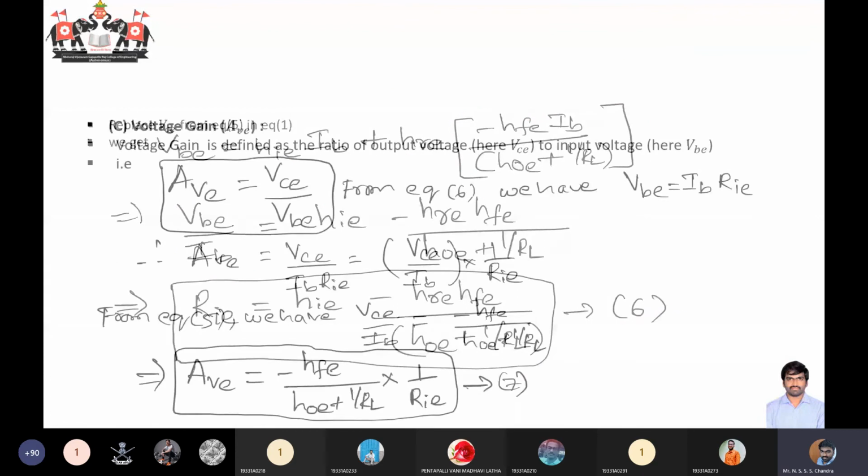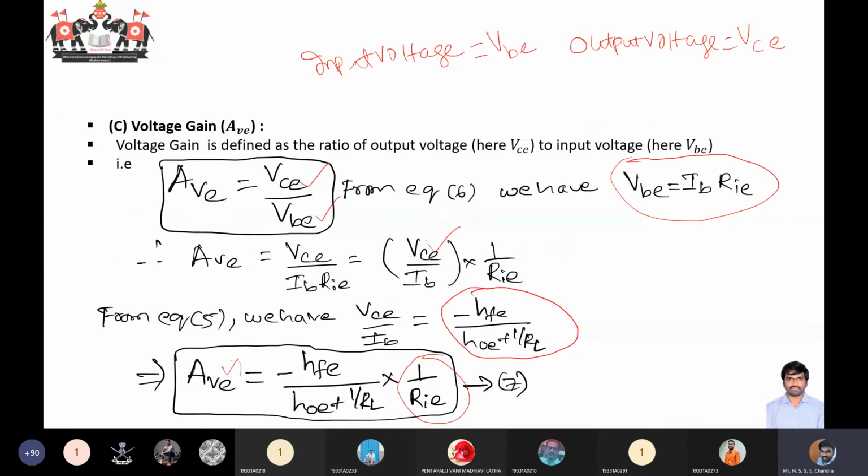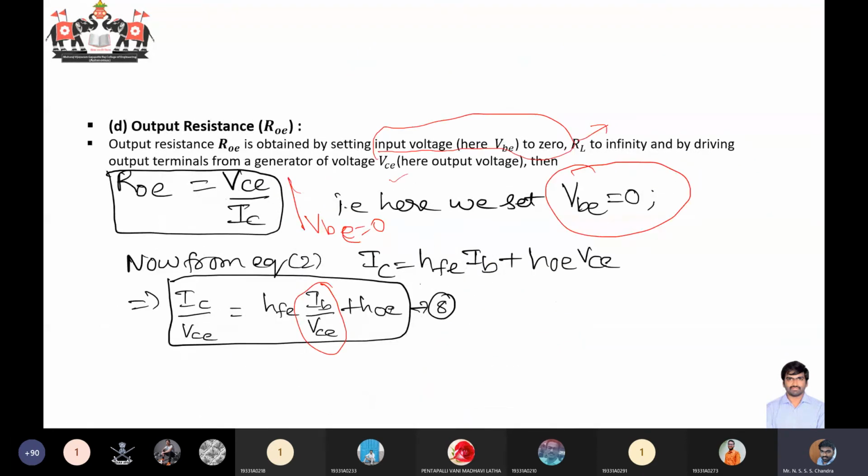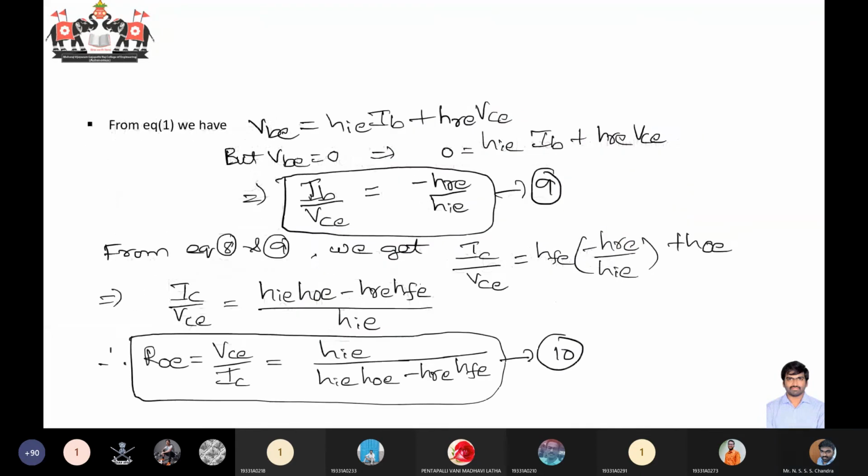Next we have voltage gain. It's the ratio of output voltage VCE to the input voltage VBE. Next we have output resistance. It's the ratio of output voltage to the output current, but the additional thing you have to remember is that we have to set the input voltage to 0.